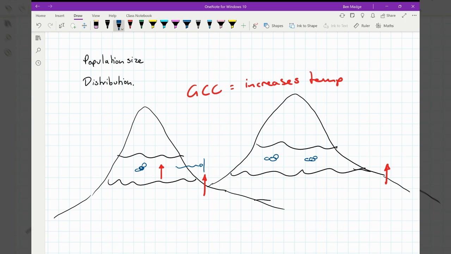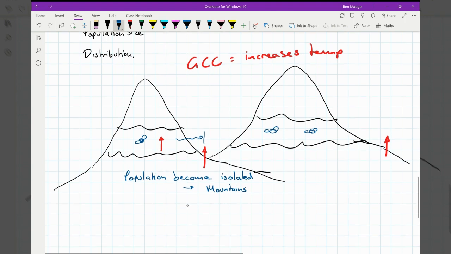They're too isolated. So we find that populations become isolated, and we see this in upland or mountainous areas, or islands. So islands might form or become swamped. And this has a number of issues that we talked about before when it comes to isolated small populations.